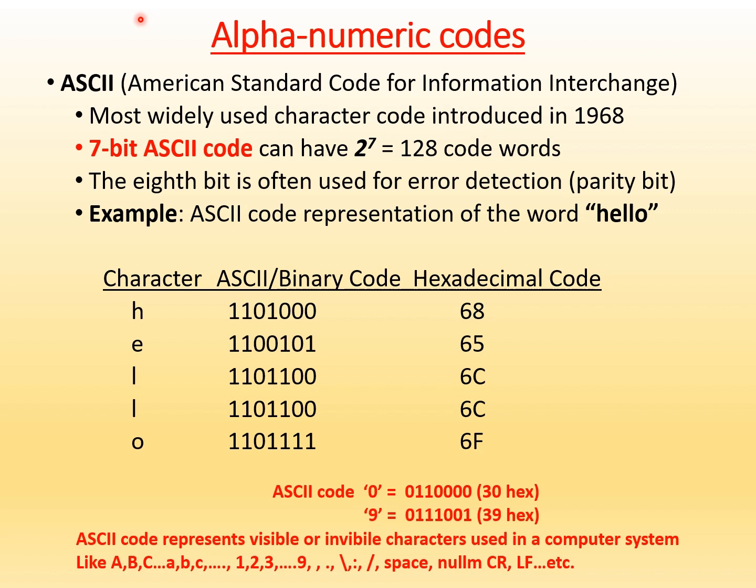It also transforms all the punctuation marks that are used in English language into some code word, binary code. The original information can be visible or invisible character, and it will be transformed. I have just mentioned some of them: space, null, carriage return, line feed, etc.